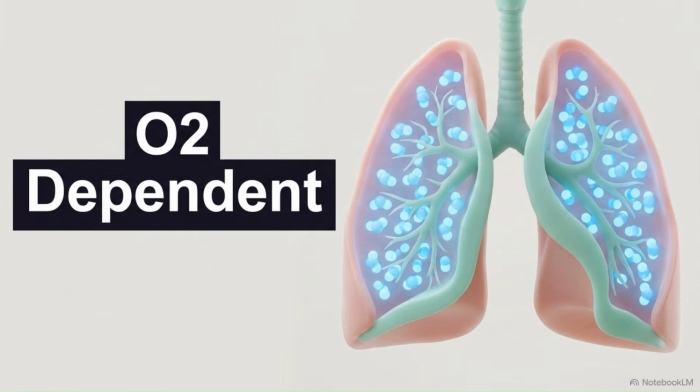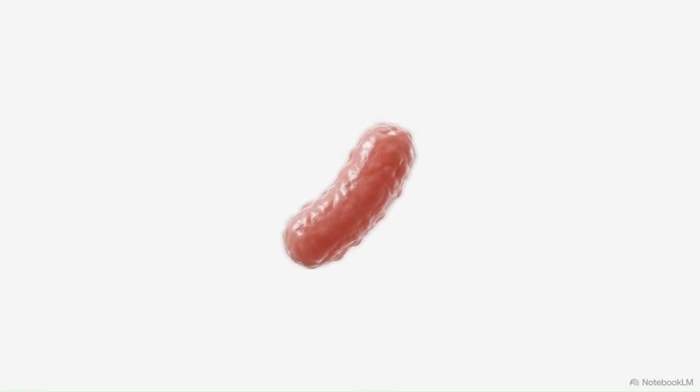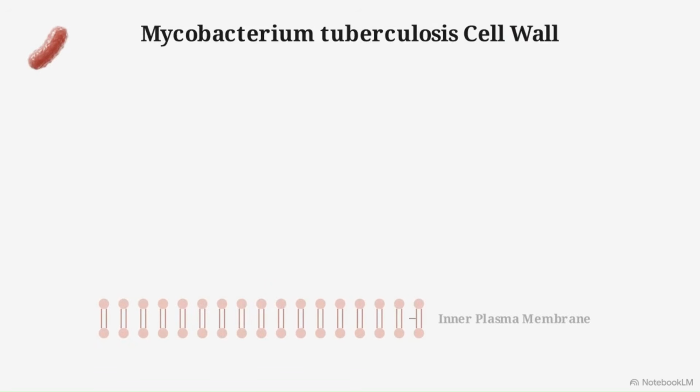Biologically, Mycobacterium tuberculosis is an obligate aerobe. It is non-motile and notoriously slow-growing, requiring roughly 18 to 24 hours just to complete a single generation cycle. This diagram shows a cross-section of its defining structural feature, an extraordinarily lipid-rich cell wall.